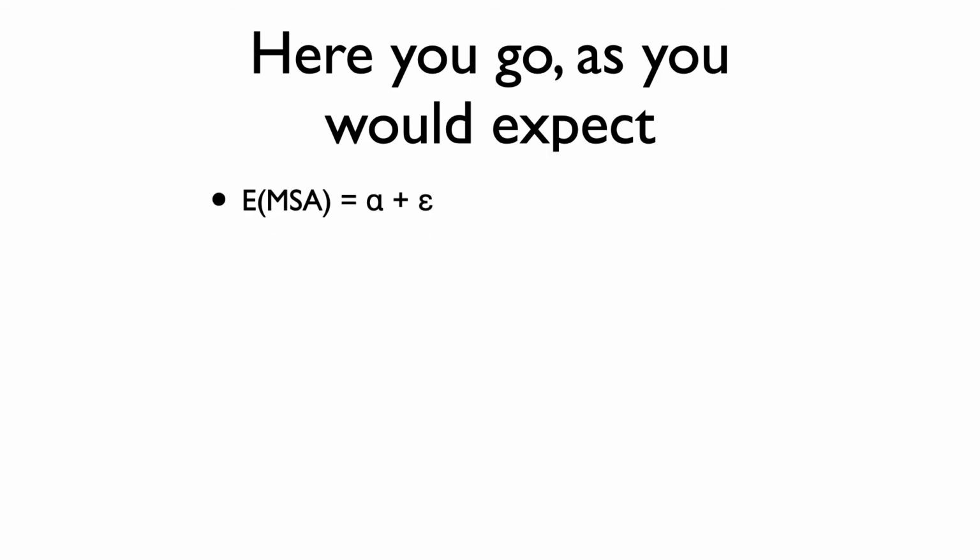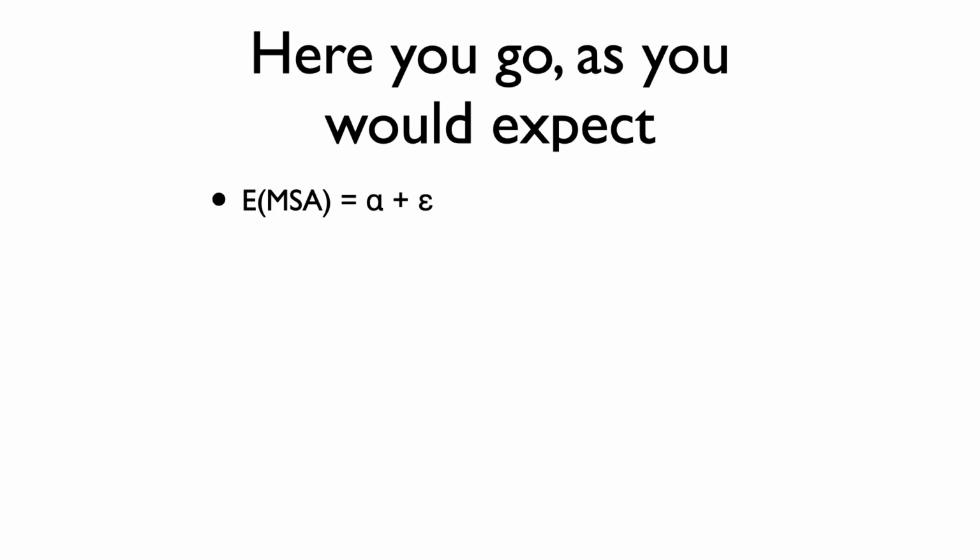The expected value of mean squared A is the effect of A, alpha, plus error. The expected value of mean squared B, should not surprise you, is the effect of B, beta, plus error.